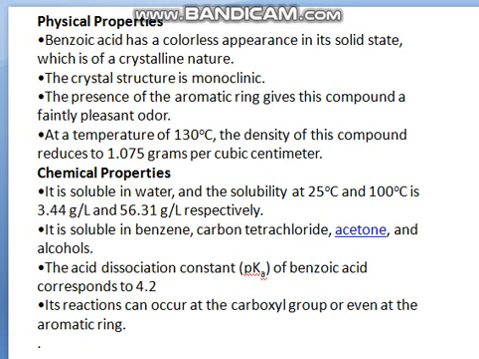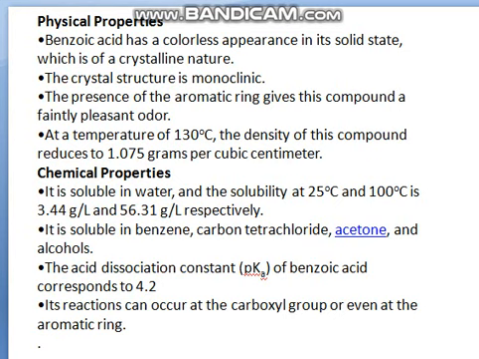Next are uses of benzoic acid. The production of phenol involves the use of benzoic acid. The compound is used in ointments that prevent or treat fungal and skin diseases. Benzoic acid is used as a preservative in the food industry. It is an ingredient in many cosmetic products such as lipstick.